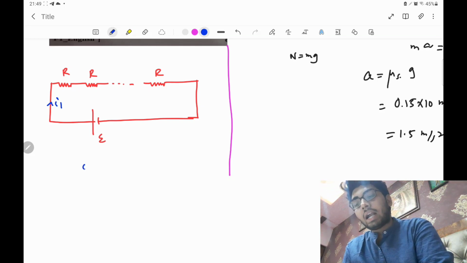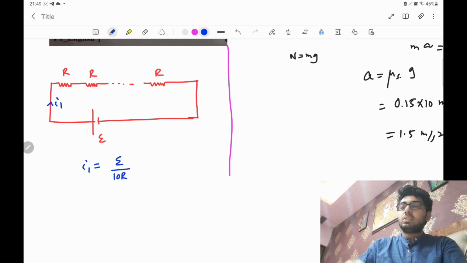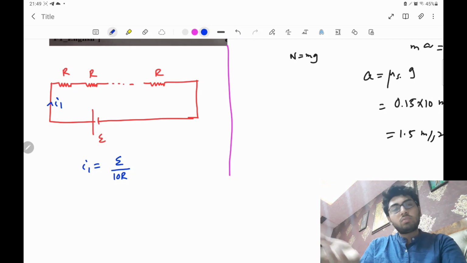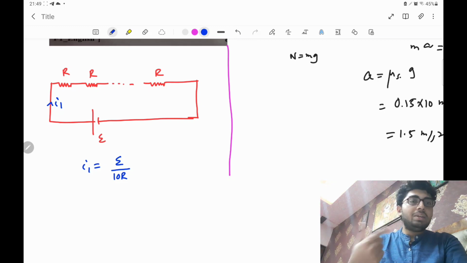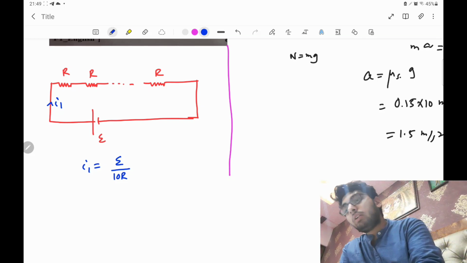Clearly the current I1 will come out to be E by 10R, because if you replace all the 10 resistances by one resistance, their resistance will be 10R. So simply the current in the circuit will be E by 10R. Very clear.